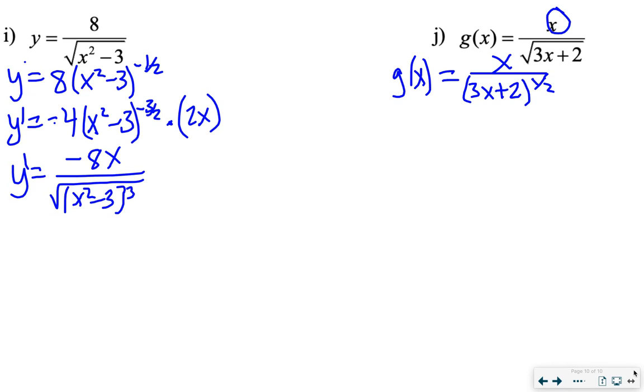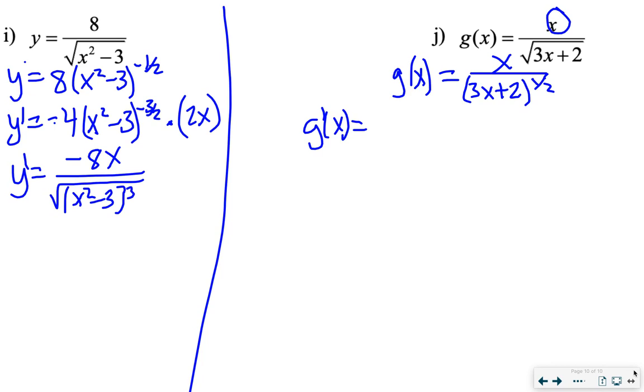Okay. So now if I take my derivative of g of x, so I've got bottom times the derivative of the top minus the top times the derivative of the bottom, which is 1/2.